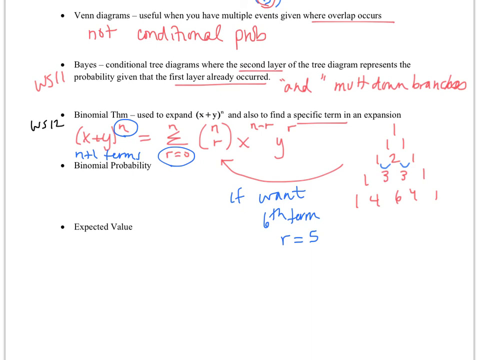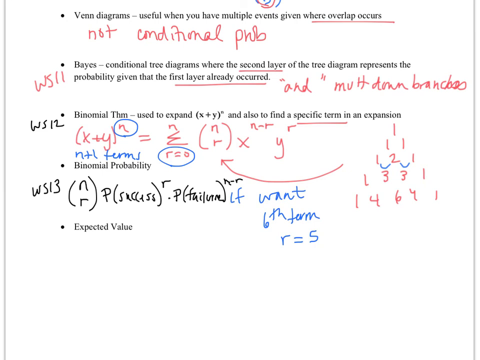Then we took a look at binomial probability in worksheet 13. What binomial probability says is that if we have n trials of an event, where the event can either be a pass or a fail, a success or a failure, and with n events I want r successes, then I would do the probability of success raised to the r power times the probability of failure raised to the n minus r power.